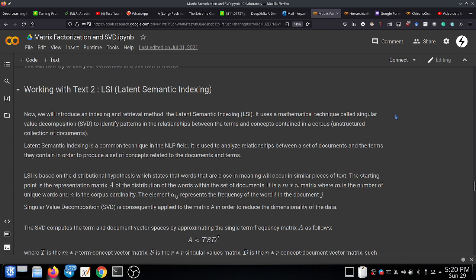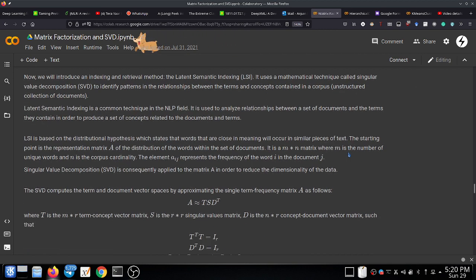Each sentence will represent a row, and the columns will represent each word. We will have the number of times each word occurs in a sentence as the value ij of the matrix.